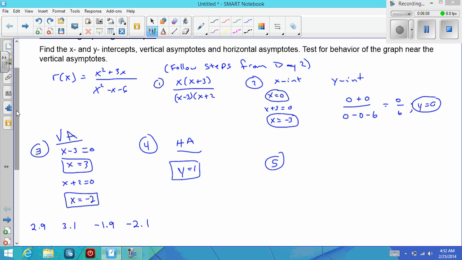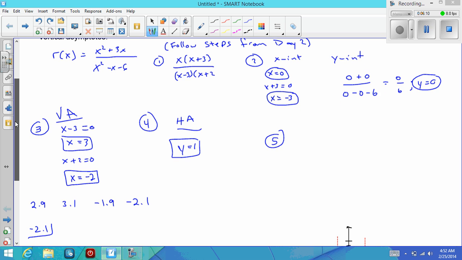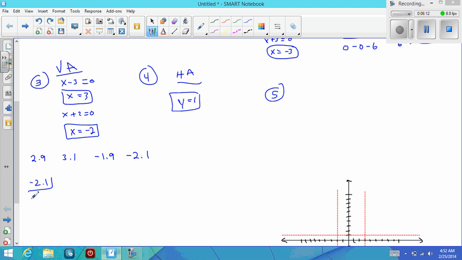So if I'm going to plug this into the original function, I will get parenthesis, then another parenthesis, -2.1 parentheses squared plus 3 times -2.1 with that parenthesis there. So we're grouping that as one whole value before we divide.